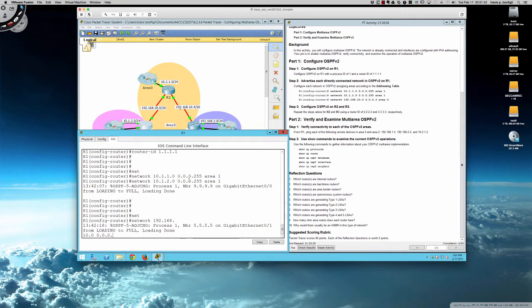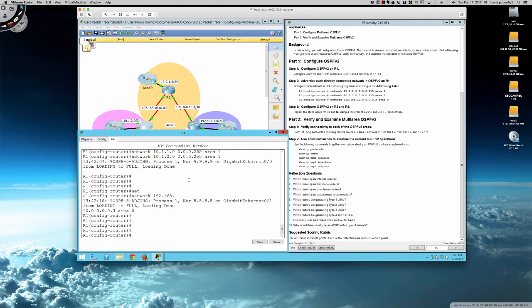So the wildcard mask would be 0.0.0.3. And this is our link into what is referred to as the backbone area, or area 0 in OSPF. All right, so there we go. We've configured all of the origination statements with the network command under the OSPF config on router 1.